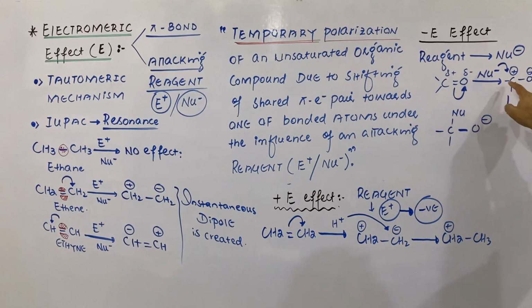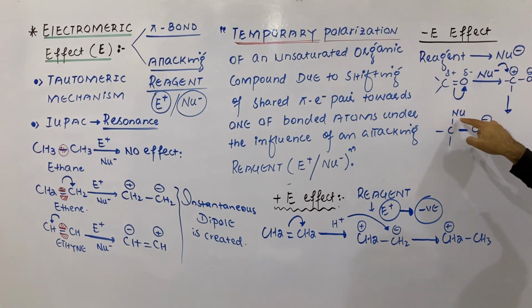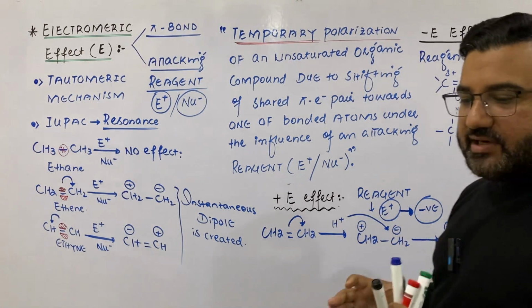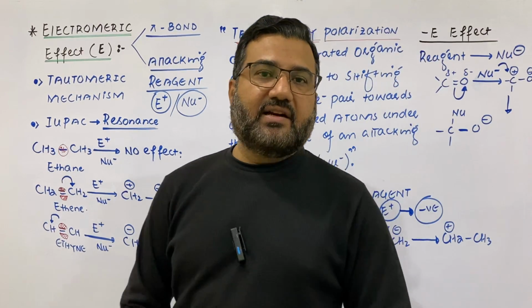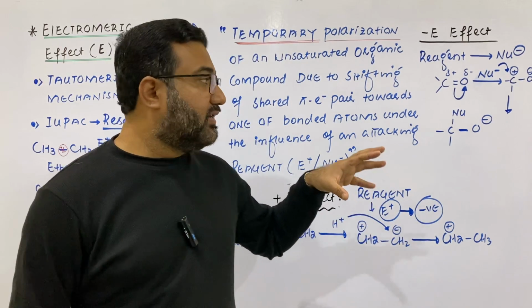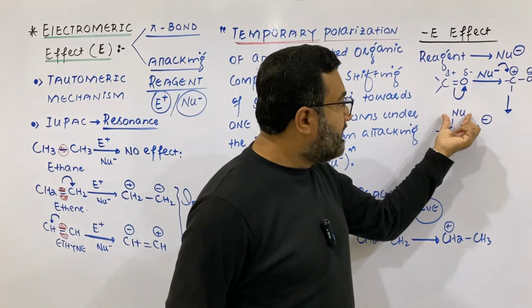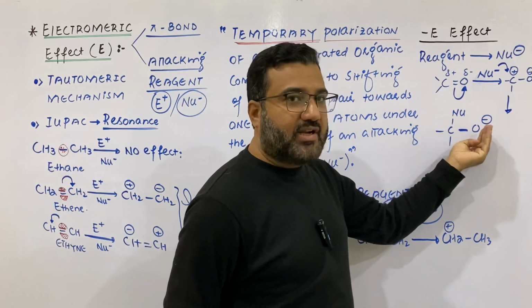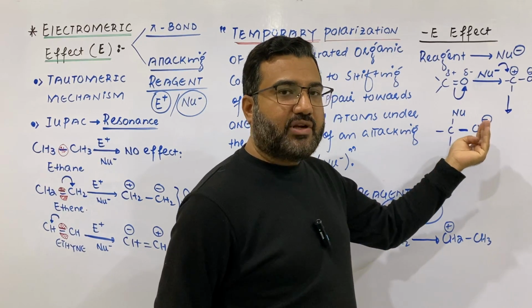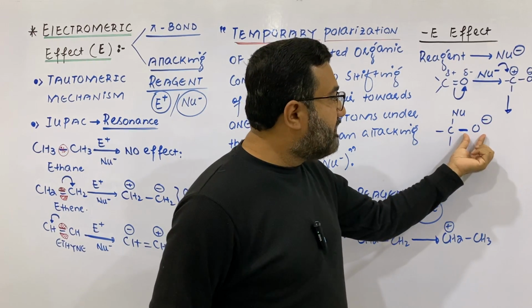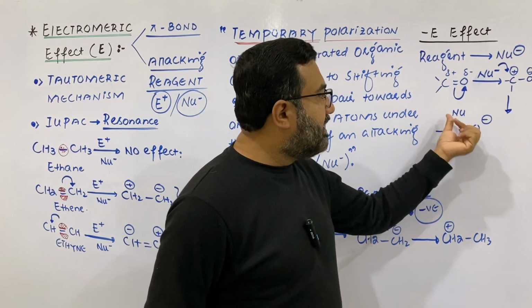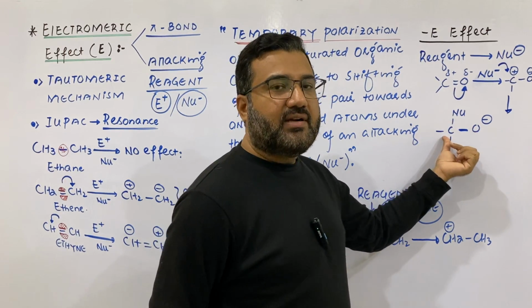It attacks on the atom which has lost the shared pi electrons, and the shared pi electrons have moved away from this attacking reagent. The shared pair of the pi electrons is not finally given to the attacking reagent, because the shared pair was shifted to oxygen, but the attacking reagent is attached to the carbon atom.